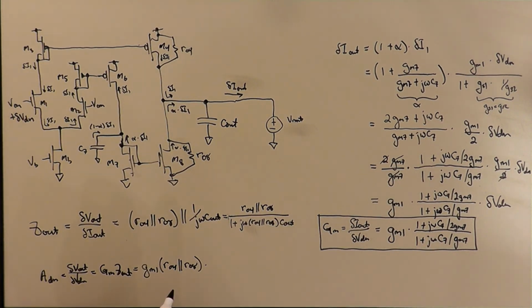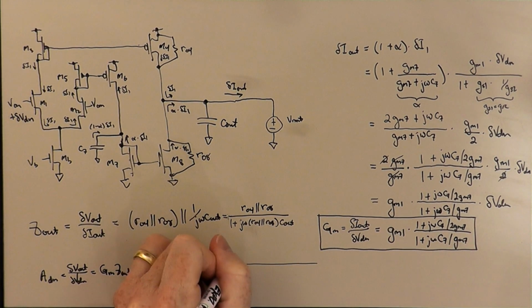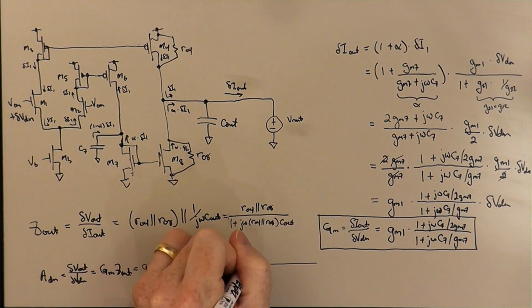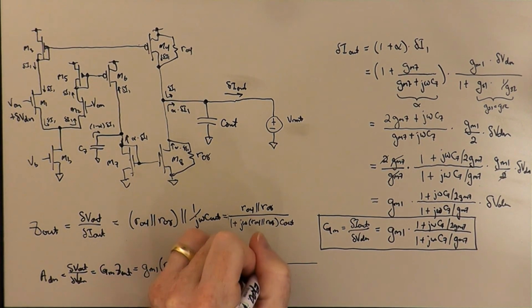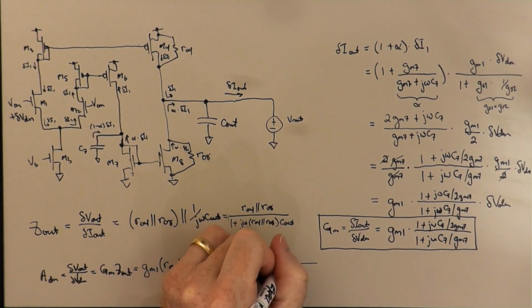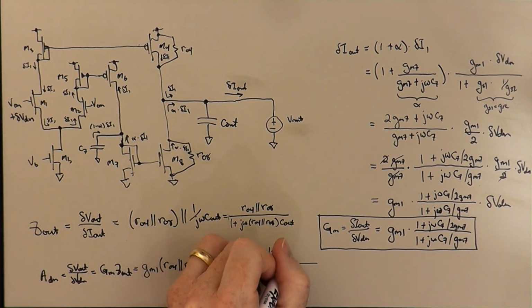It's going to have a negative real part, and so we have in the numerator 1 plus j omega C7 over 2 GM7.